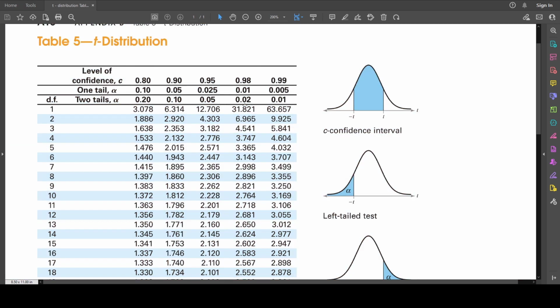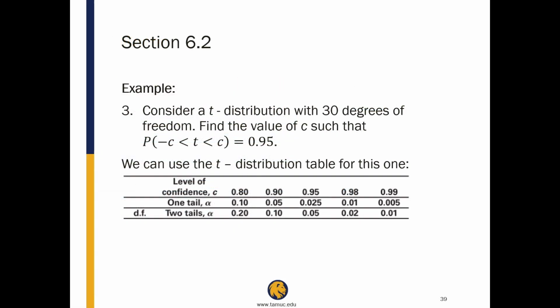So let's go over to our example and see what we're doing with the table. In the t-distribution table, what we're going to look up is this level of confidence. We're going to talk more about that in a second, but in our case, the 0.95 that it's equal to is also the level of confidence here.